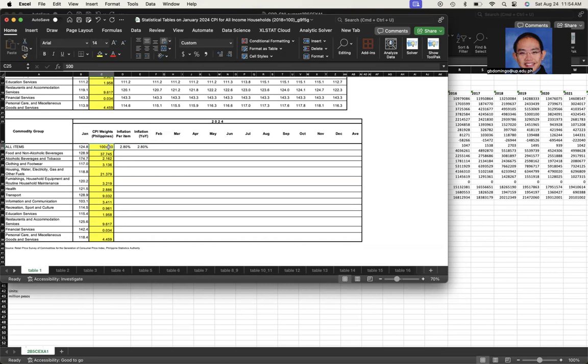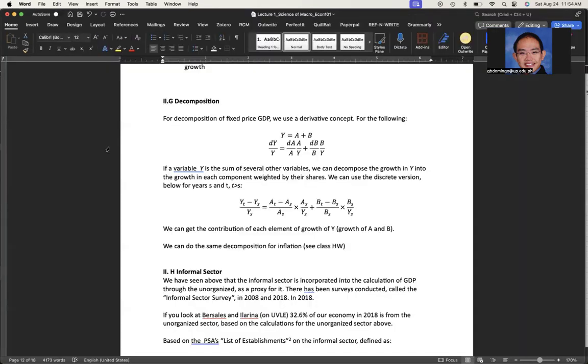But maybe we should pause this discussion on inflation for now, and go to the decomposition of inflation after we talk about inflation. At this point, however, we'll realize that this change in Y, if Y were CPI or a measure of prices, then the growth in prices would be inflation. Then you can also decompose your inflation rate into the different components here.